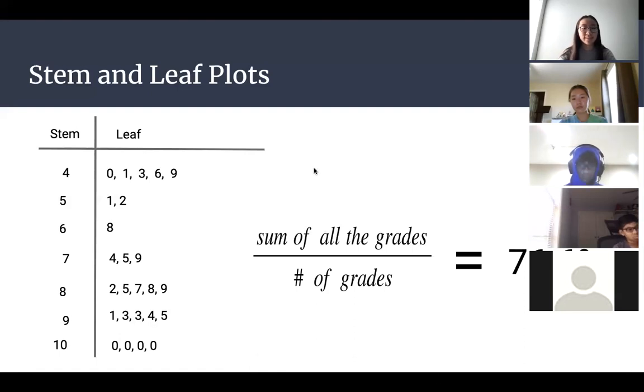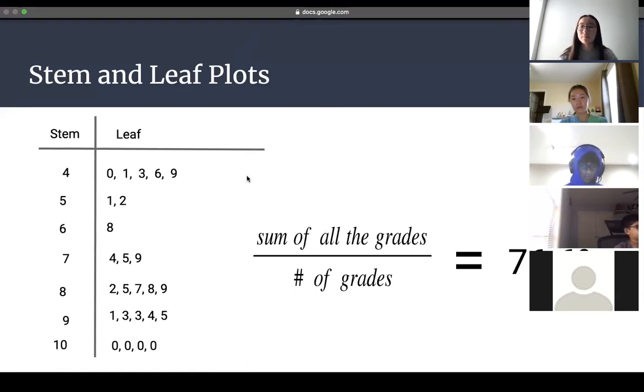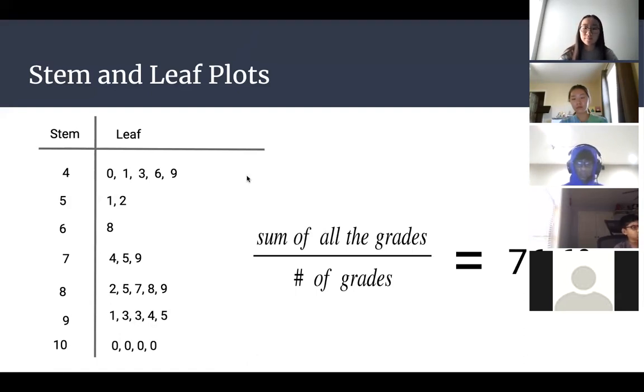You guys were right. The answer is 76.6. And again, you're going to be adding all of the numbers, and then you're just going to divide by the number of leaves. And that'll give you 76.6 if you add all the numbers correctly.